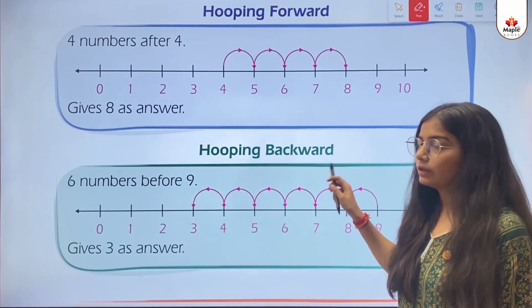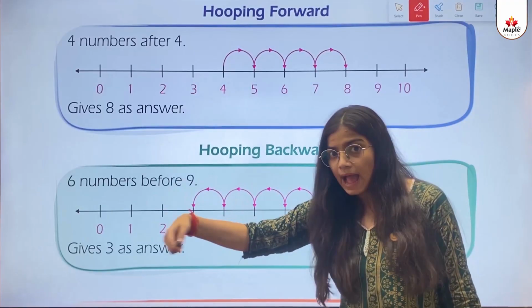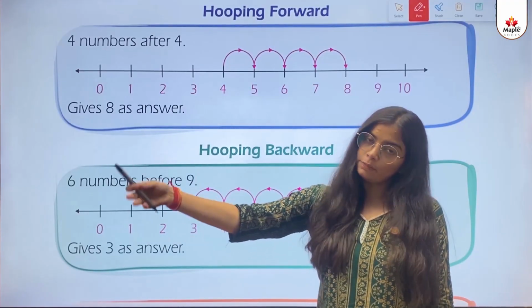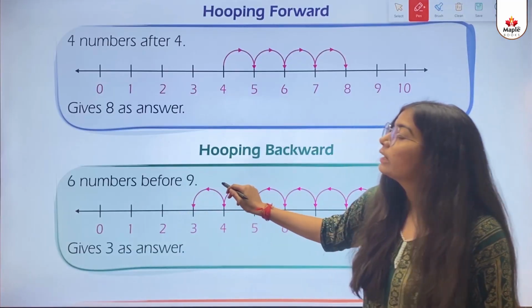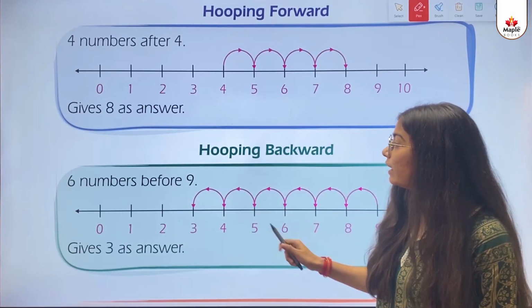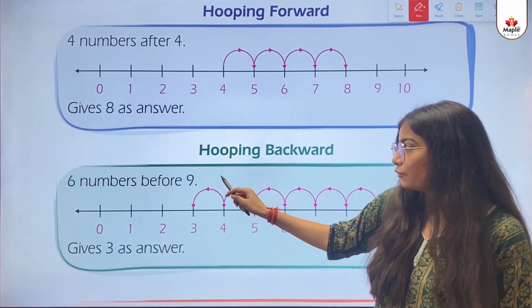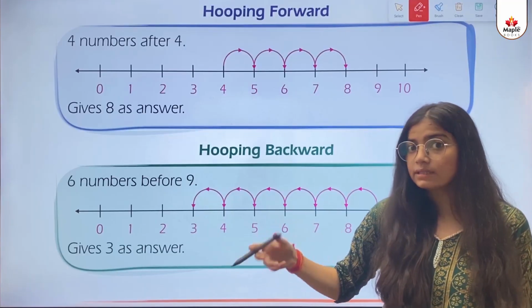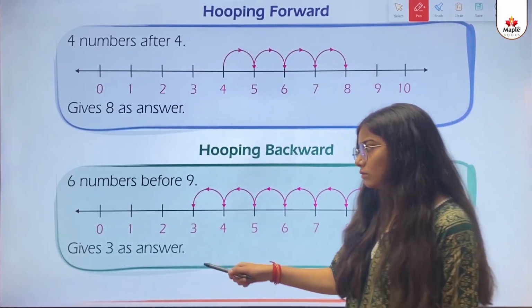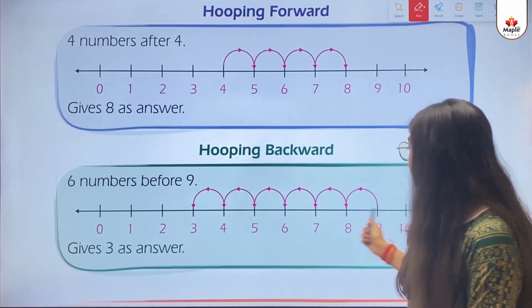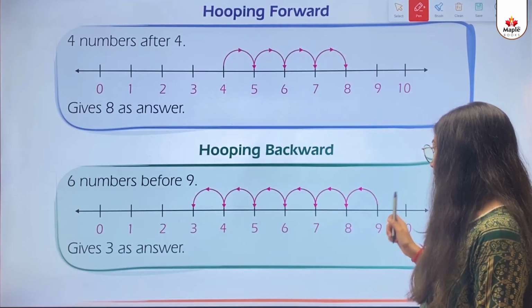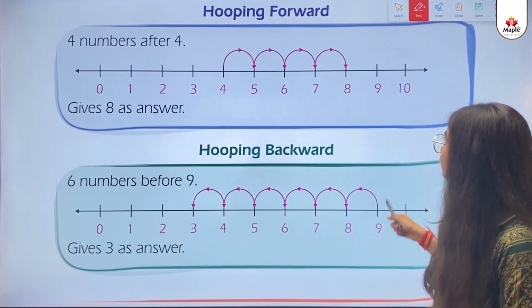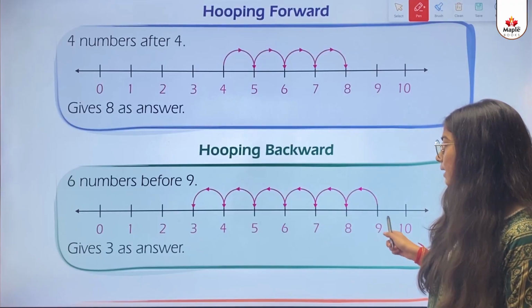Then what is this saying? Hopping backward means we are coming back in the before part. 6 numbers before 9. So we are asking for 6 numbers before 9. Similarly, we'll make a number line here ranging from 1 to 10. Now we will look at number 9.